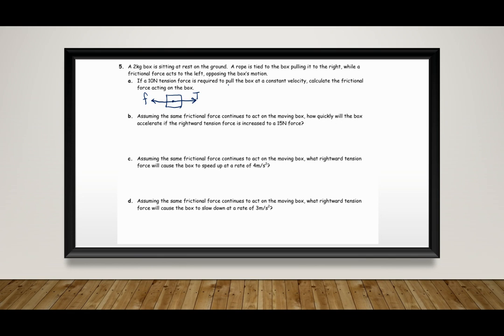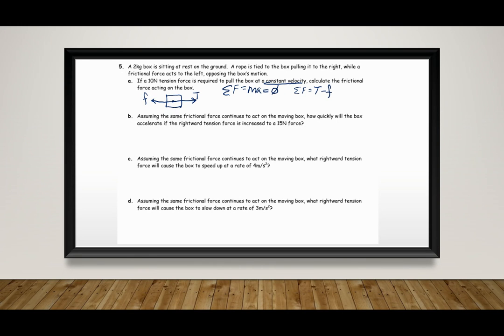Okay? So I know my sum of forces in this case is equal to mass times acceleration. Because it's at constant velocity, that's equal to 0. My sum of forces is also equal to tension minus my frictional force.